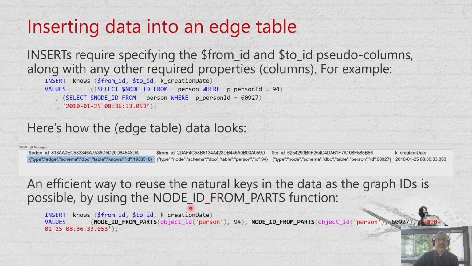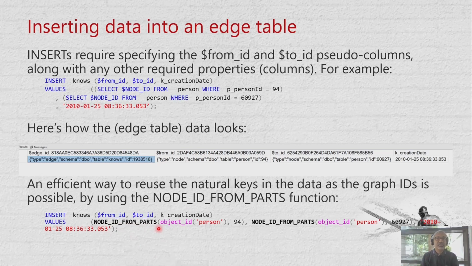There are some efficiencies you can use. For example, if the node ID values for your data are actually integers, meaning the natural keys themselves are integers, you can repurpose them to be the node ID in the graph by using the node ID from parts function. This is a very useful function which allows you to take an integer and translate it to the node ID, and you have similar functions for edge ID and so on in other cases.